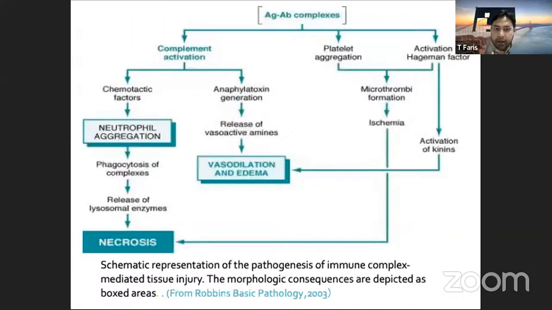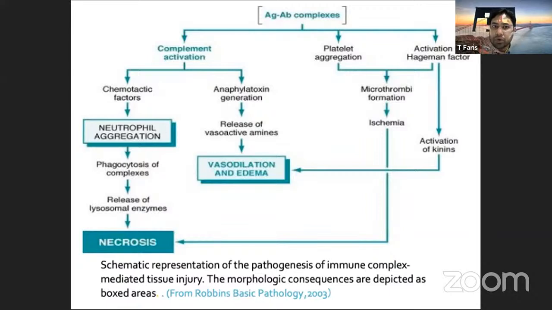So these are the routes or the pathway, the schematic representation of the pathogenesis of immune complex mediated tissue injury, and the morphologic consequences are depicted in the box area. Okay, so you start with the antigen binding to the antibody, and they start to form a complex among themselves before they bind to any target cells.